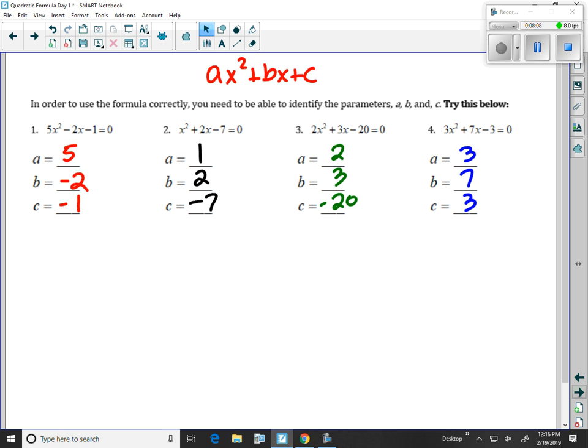Check your answers. Do you agree? No. 4 is -3. Yeah, number 4 is negative. I was like, darn it, they're not going to get it. Okay, make sure you bring your negative signs if there are negative signs. Are we okay on A, B, and C? Perfect. Let's keep moving.